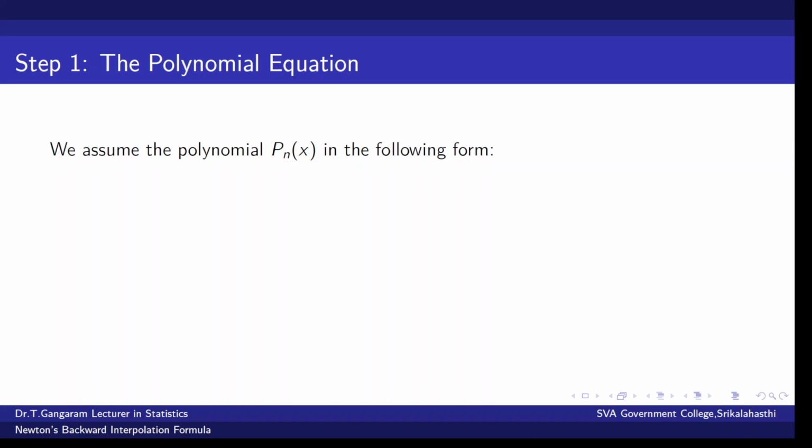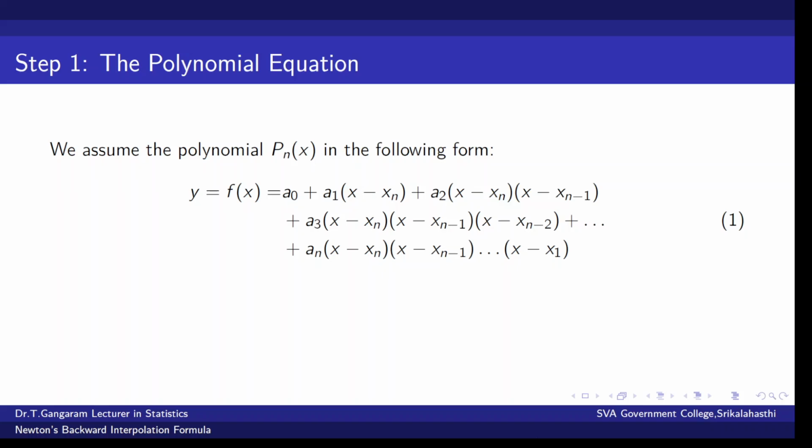We assume the polynomial Pn(x) in the following form: y is equal to f of x is equal to a0 plus a1 into (x minus xn) plus a2 into (x minus xn) into (x minus xn minus 1), and so on. The last term is an into (x minus xn) up to (x minus x1). Let us assume that this is equation 1.